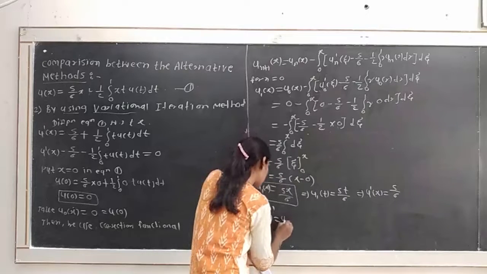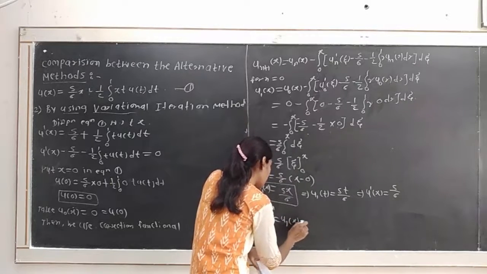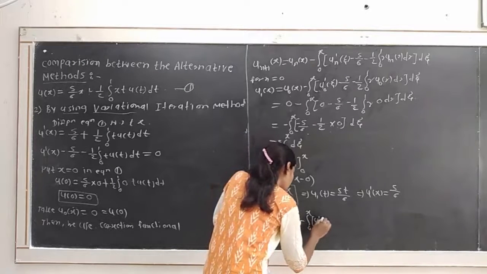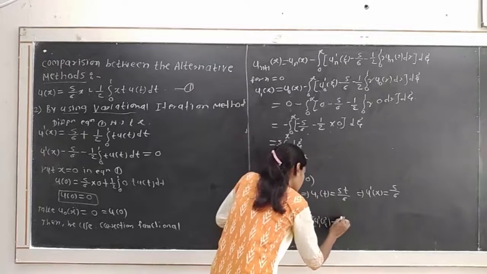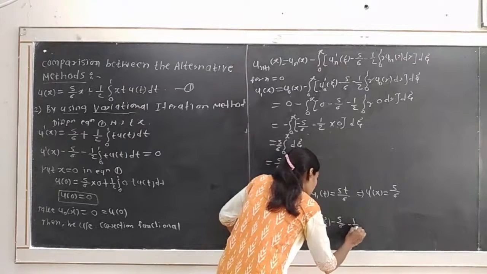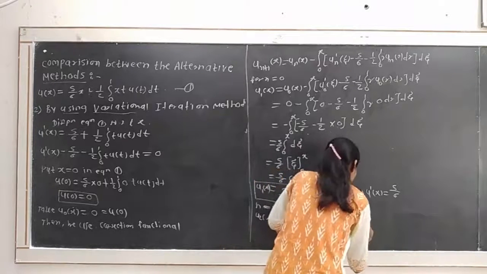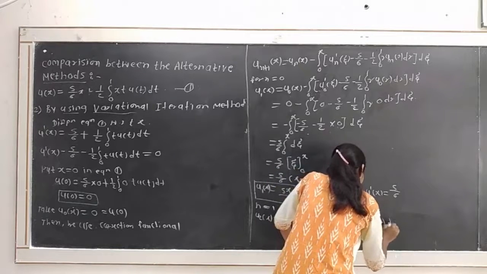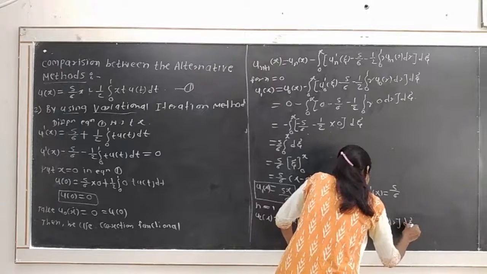So u2 of x is equal to u1 of x, for n is equal to 1, minus integration from 0 to x of u1 dash of xi minus 5 divided by 6 minus 1 divided by 2 integration from 0 to 1 of r into u1 of r dr into d psi.